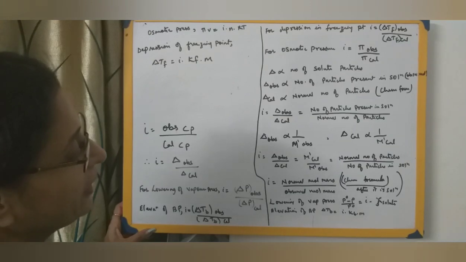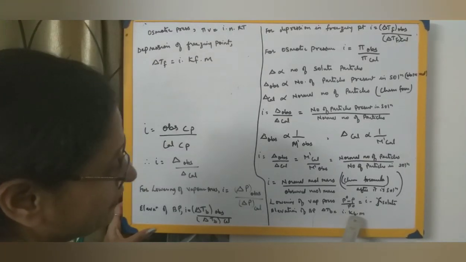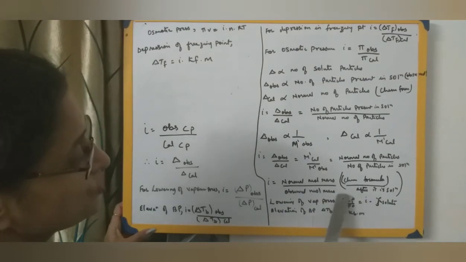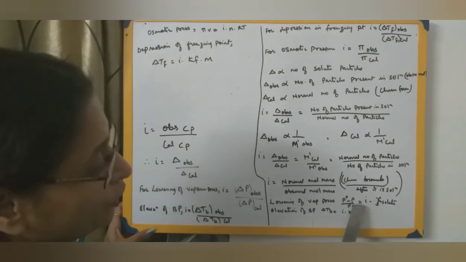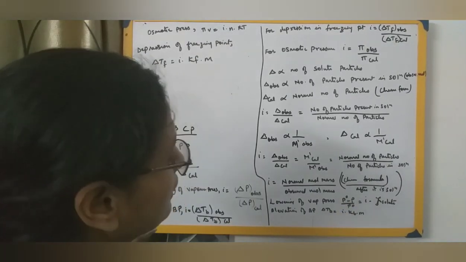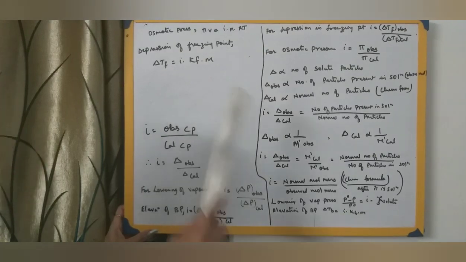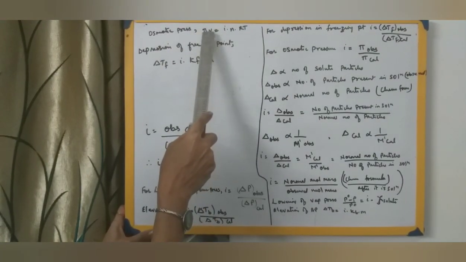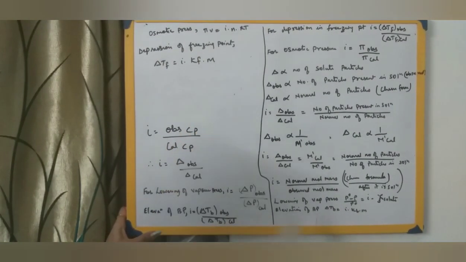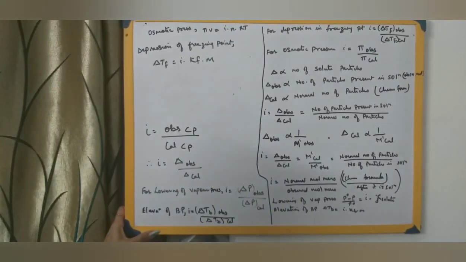So again we are multiplying with the Van't Hoff factor, because there may be some abnormality, because all these equations we are using for finding out the molecular mass on the basis of colligative property. So wherever we are finding out the colligative property, we have to multiply with the Van't Hoff factor. Then osmotic pressure, that is pi V is equal to nRT, and here we are multiplying it with i, that is the extent of abnormality, that is your Van't Hoff factor.